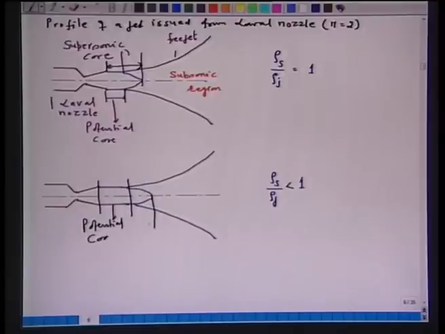and this is the supersonic core beyond potential core, and this total you can call the supersonic core. So, the length of potential core as well as length of supersonic core are larger as compared to when the ratio is equal to 1.